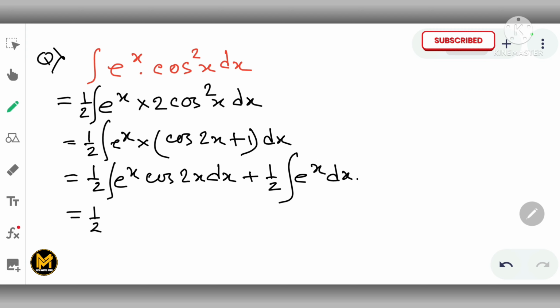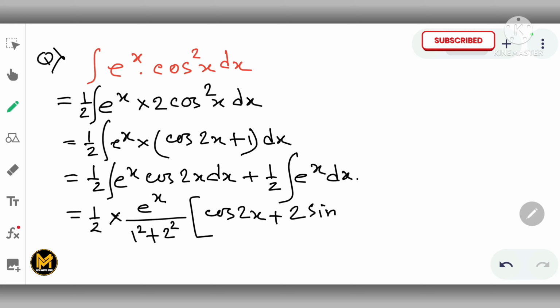So in the first part, we will directly use the formula here and we will get e to the power x divided by, here a is 1, that is 1 square, and b is 2, that is 2 square, into a into cos 2x, that is 1 into cos 2x, plus b into sin 2x, that is 2, because b is 2 here, plus half of e to the power x.